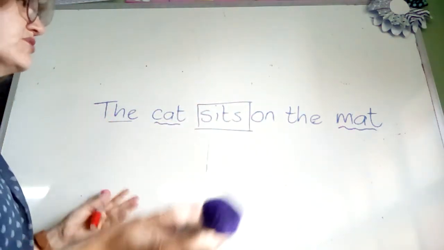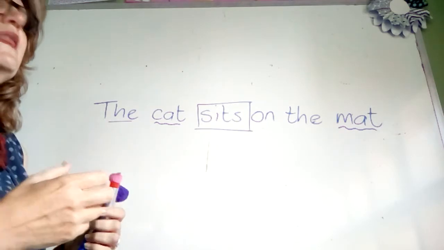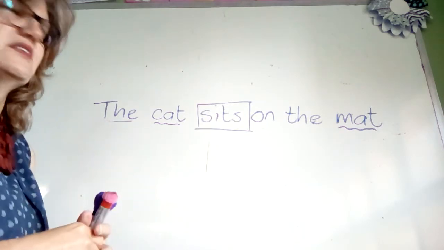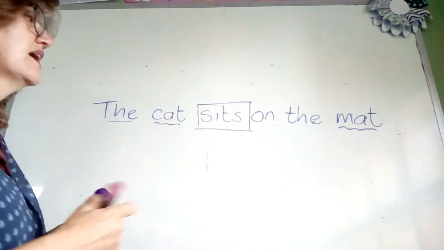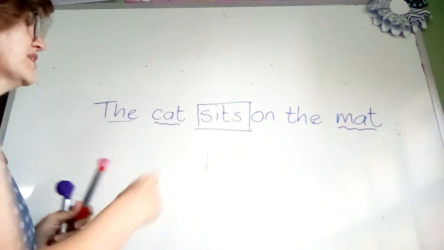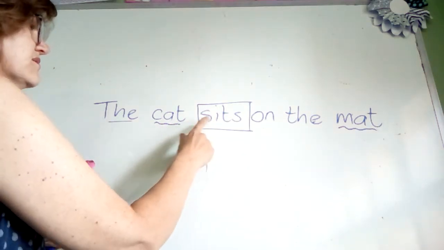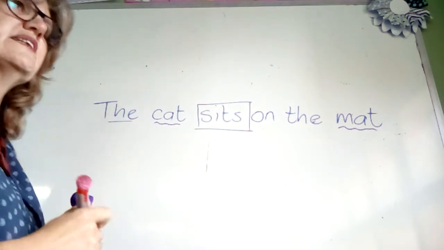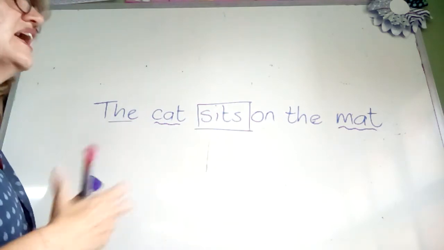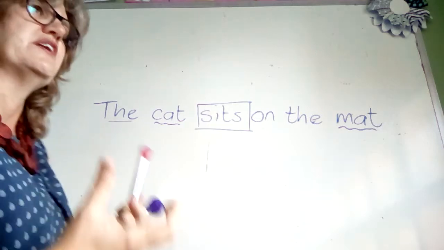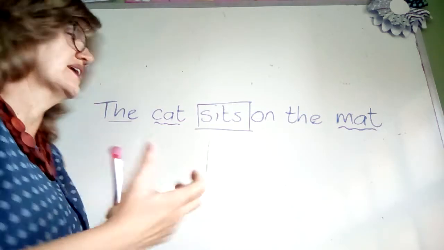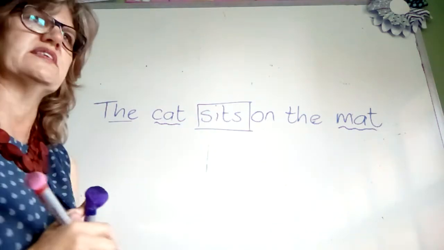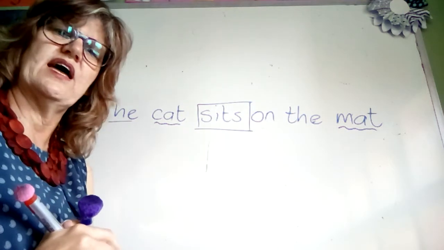Now, this is just our straightforward sentence, but now I want to make it more interesting. So I want to say something more about the sits. I can say sits quietly, sits lazily, sits every day, and all those things that I can add to tell me more about the sits will be my adverb.